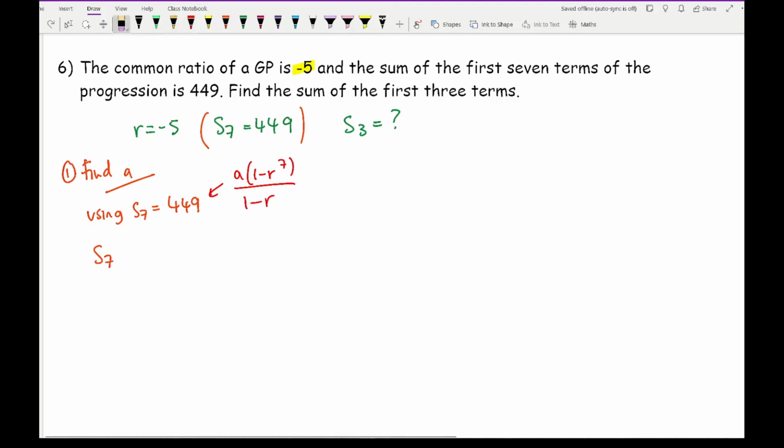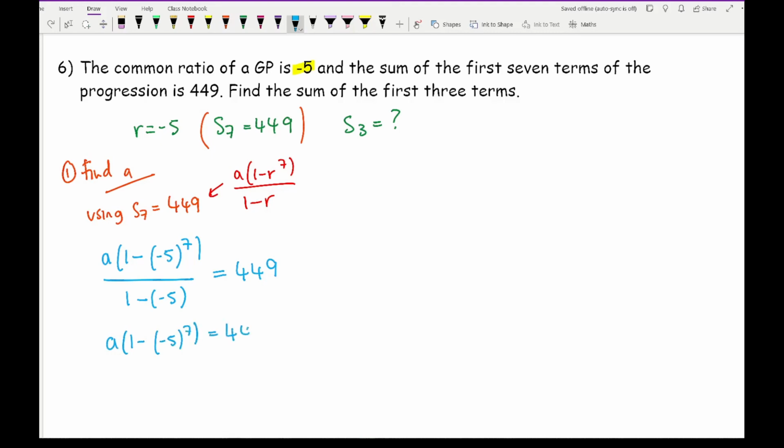Substituting those numbers in, we end up with a(1 minus (-5) to the power of 7) over 1 minus (-5) equals 449. In terms of simplifying this, I get a(1 minus (-5) to the power of 7) equals 449 multiplied by 6.